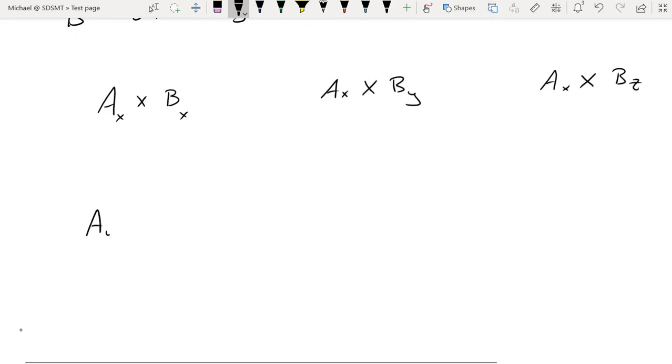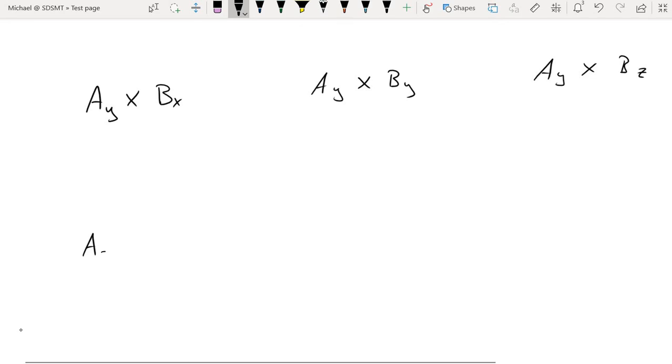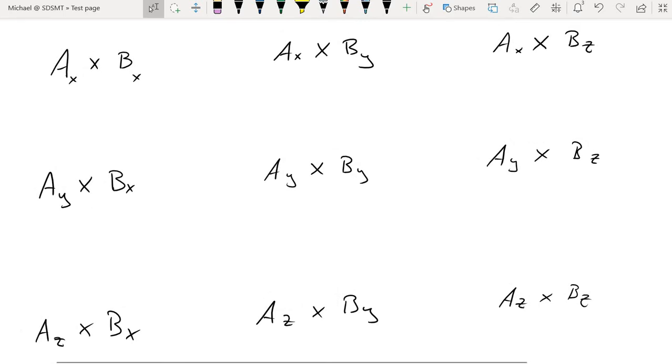Then we'll have a of y crossed with b of x, a of y crossed with b of y, a of y crossed with b of z. And one more time for the a of z: a of z cross b of x, a of z cross b of y, a of z cross b of z. So there are 9 combinations here that we need to take a look at.